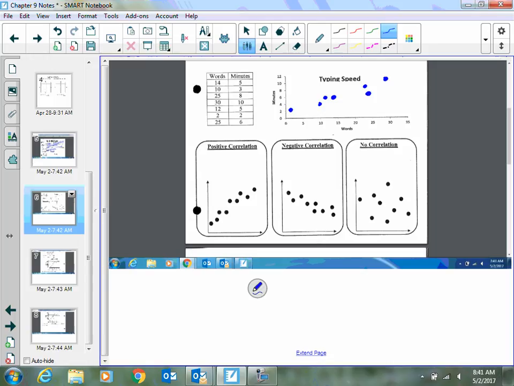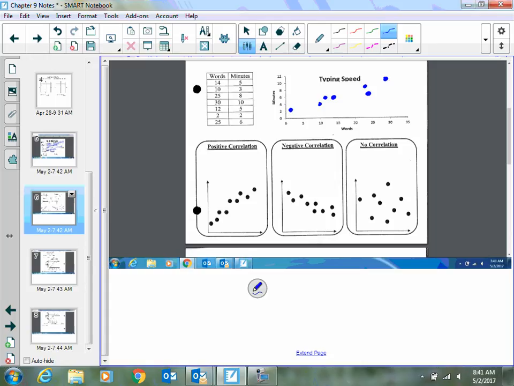Hopefully yours looks something like mine. Hopefully. Now, the nice thing about scatter plots is they're not going to be perfect because it's just a bunch of dots. But a scatter plot can tell us a lot.